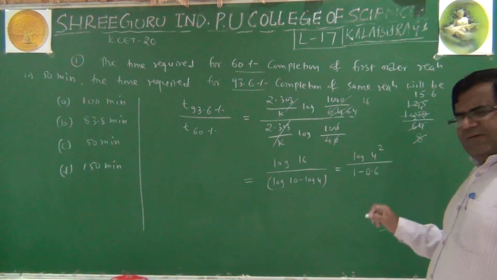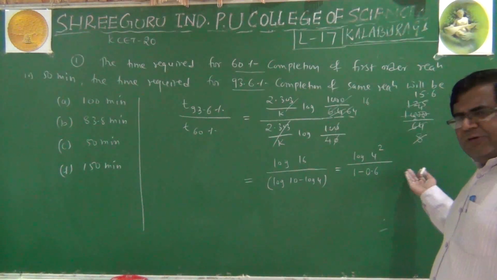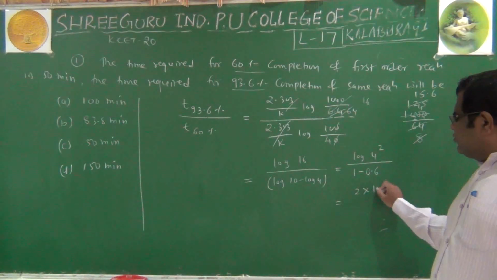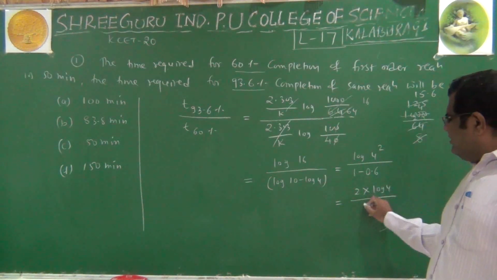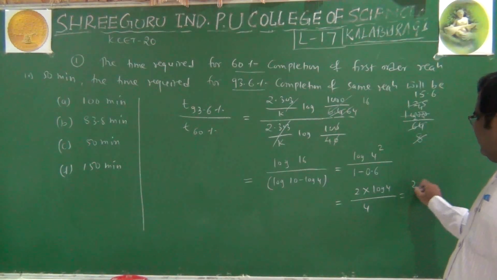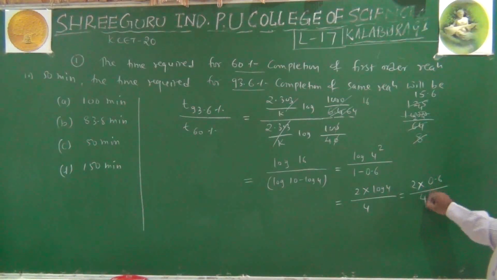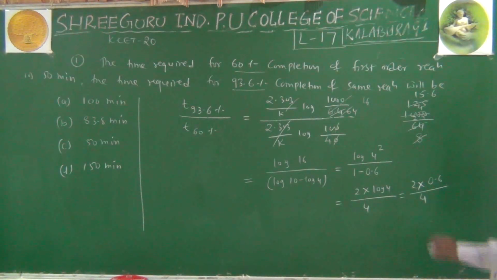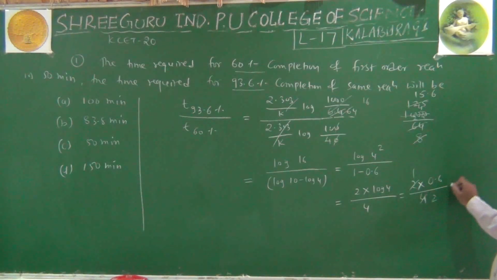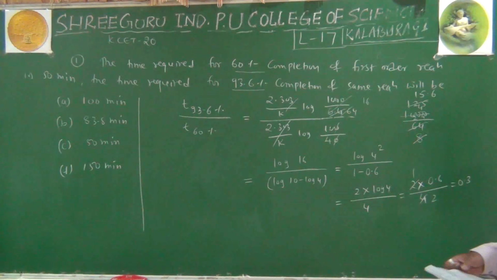So this is 2 into log 4, which is 0.6, and the denominator is 1 minus 0.6, which is 0.4.